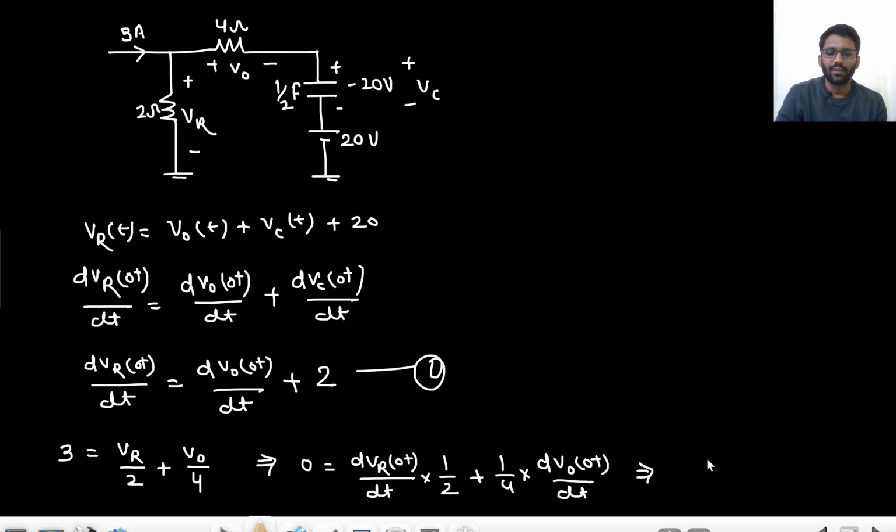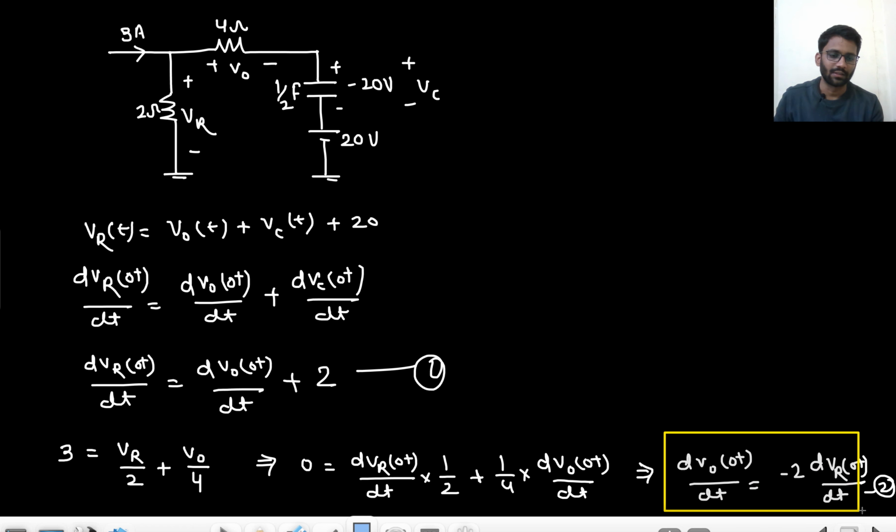I need to find the value of dV0(0+) by dt, that is equal to minus 2 dVR(0+) by dt. This is equation 2. This was the important thing.